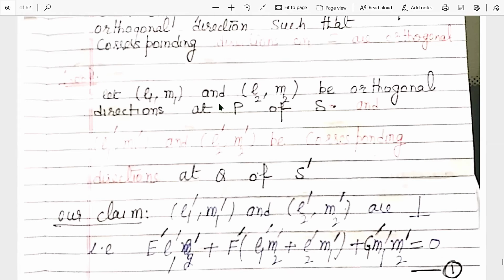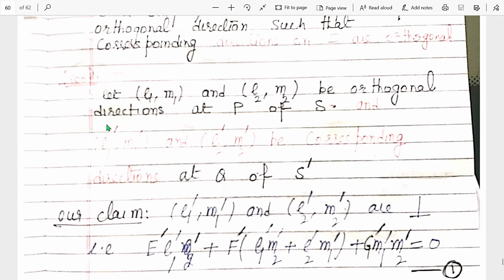So we take two directions in S, and our aim is that these two directions are perpendicular in S dash. Clear? So we have two surfaces, one is S and the second is S dash.